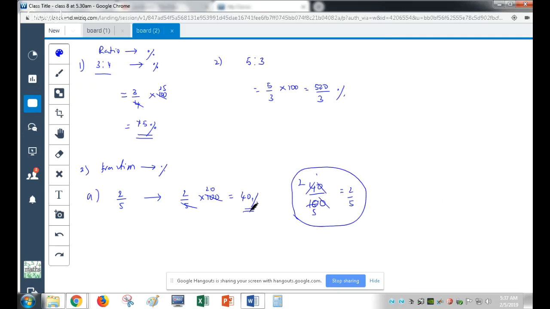If you simplify this percentage, 40% means 40 by 100, you should get the original fraction. Here also 75% is there, for example. So 75% means 75 by 100. 25 times will go, 3 and 4. So this is how a fraction is converted to percentage.